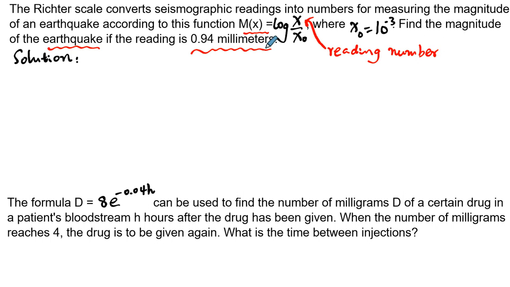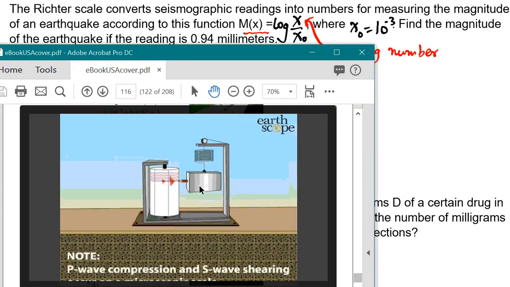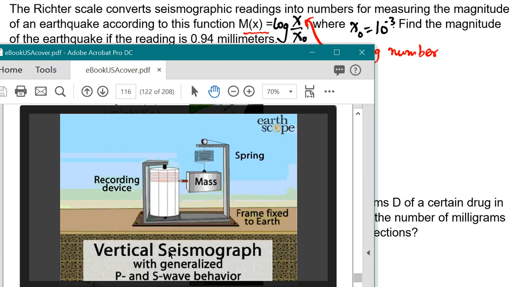0.94 millimeters. What is the seismographic reading? Here we may take a look. This is like the machine, and when there is no earthquake, the line will be flat. You can see the animation here.